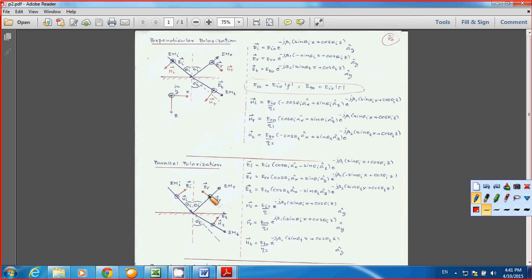What about your Er? You take a look at this one here. In fact, this one is simply the two vectors adding up to make Er. So it's going in the negative x direction, and then also in the negative z direction. So you have Er. So I did something wrong here. It's supposed to be negative and negative here. And what about Et?